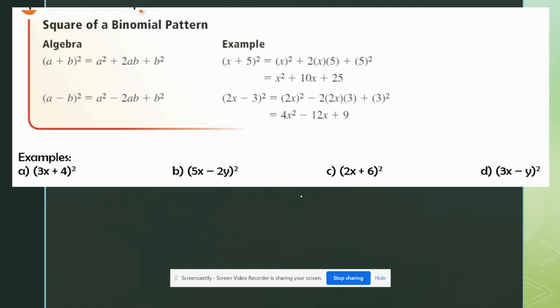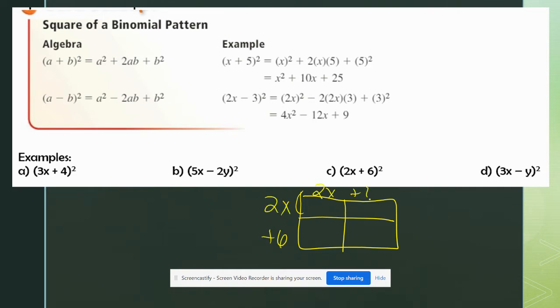Letter C, 2x plus 6. So if I write this as a Punnett box, I have 2x plus 6 and 2x plus 6. 2x times 2x is 4x squared. 2x times 6 is 12x. 6 times 2x is 12x.